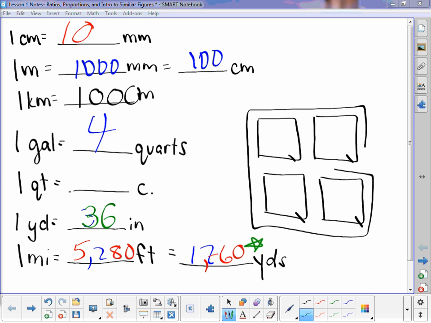How many cups do we think are in a quart now? 4. Now please listen. I know various people have learned it different ways. In 1 gallon, there are 4 quarts. Within each quart, there are 2 pints.